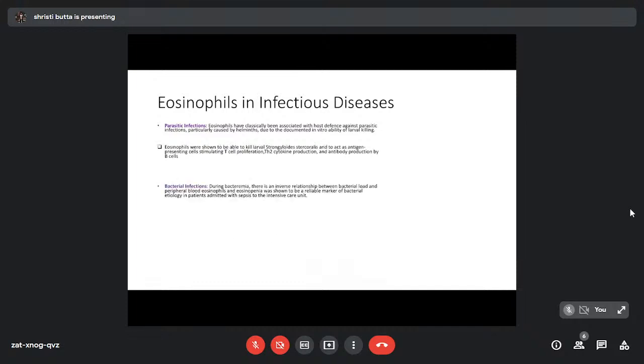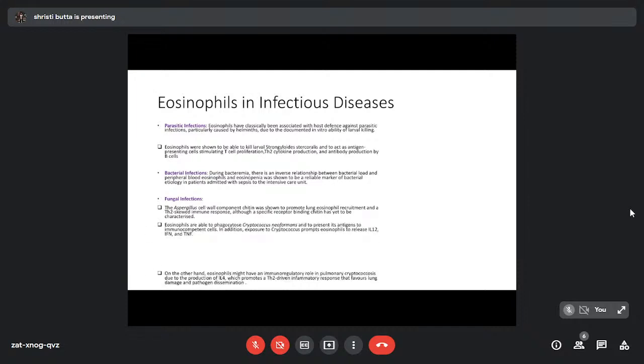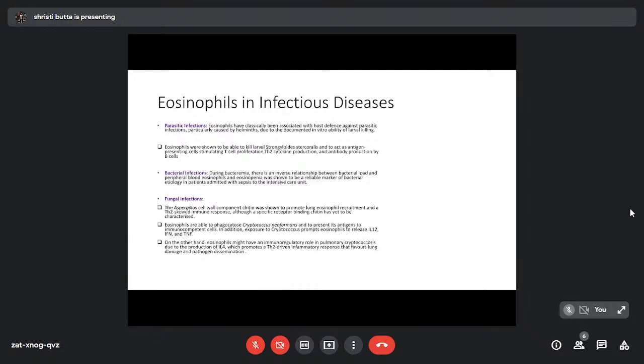Bacterial infections and bacteremia as well result in eosinophilia. Fungal infections, Aspergillus especially, Cryptococcus, and very importantly, clinically, eosinophilia may be a clue for the diagnosis of disseminated cryptococcosis.